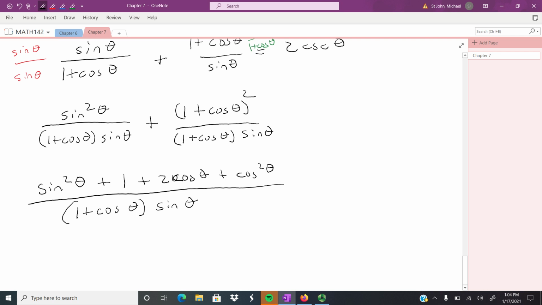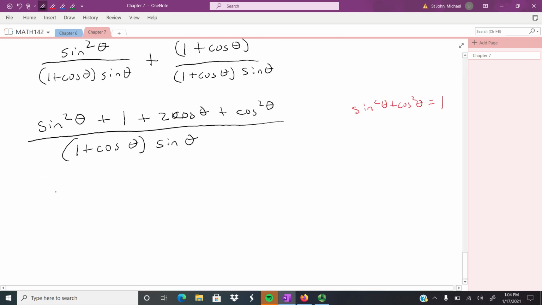Right? So we multiply that out. Well, now we can make use of one of those Pythagorean identities, because now I do have sine squared plus cosine squared is equal to 1. And so I can make that substitution. And so we get 1 plus 2 cosine theta over 1 plus cosine theta sine theta.